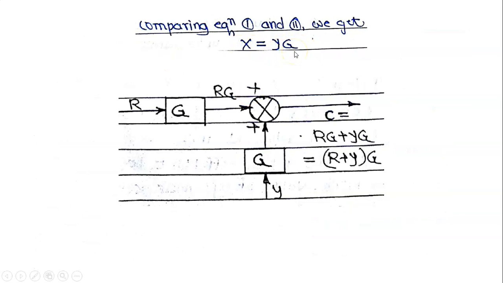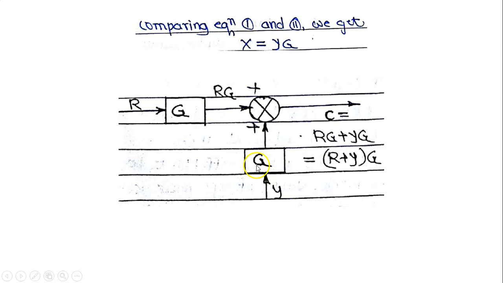Now comparing equations 1 and 2, we have X is equal to YG. Therefore what we have to do, we have to add a block having its value G or same as that of the block in the signal Y. Therefore this signal R is there, it is given to this block G. Therefore this output from the block G is equal to RG, it is given to this summing point.